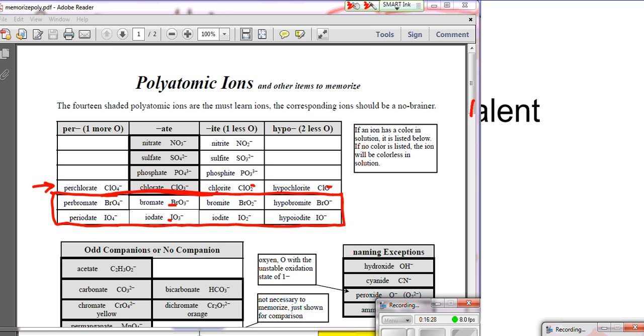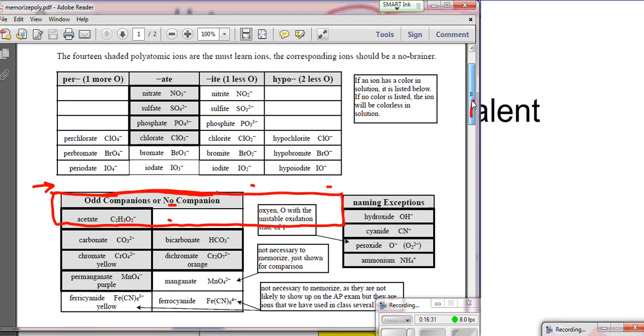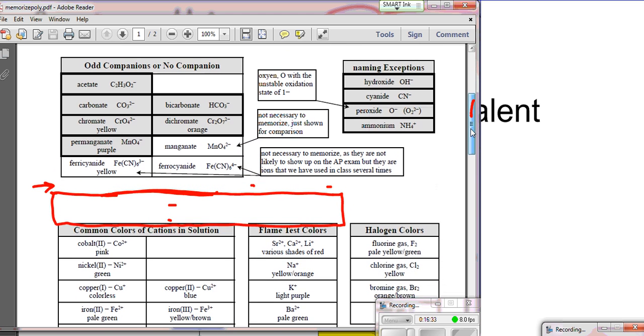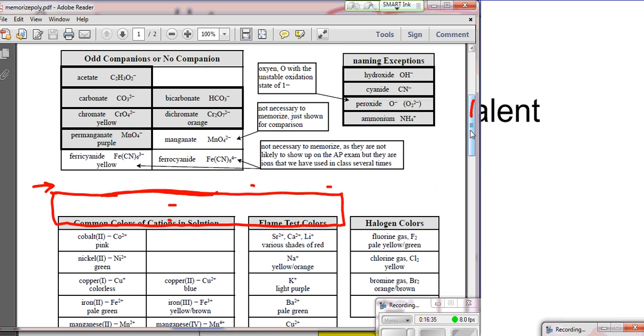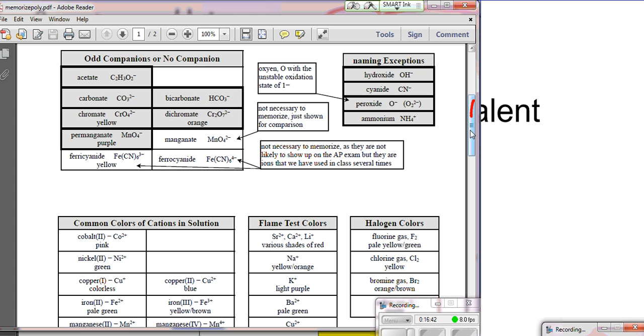While we're in the neighborhood of looking at some of these polyatomic ions, the other ones that you needed to know don't have family members like that, don't have a series that go with them, such as acetate, carbonate, chromate. Dichromate just means you have 2 chromates, so you have to have a little more oxygen to balance them out. Permanganate, hydroxide, very common.